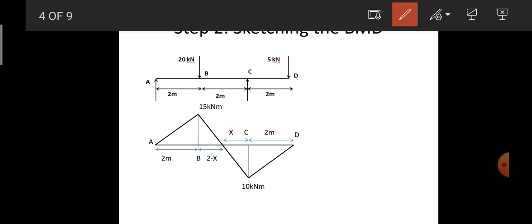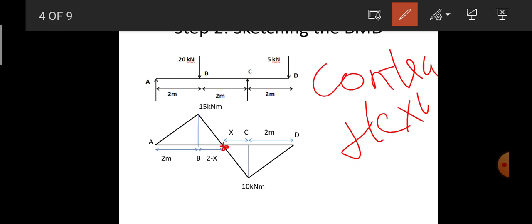At some point between B and C, you can observe that the bending moment passes from positive to negative value, and at some point it is 0. The point on the baseline where the bending moment is equal to 0 is called the point of contraflexure.